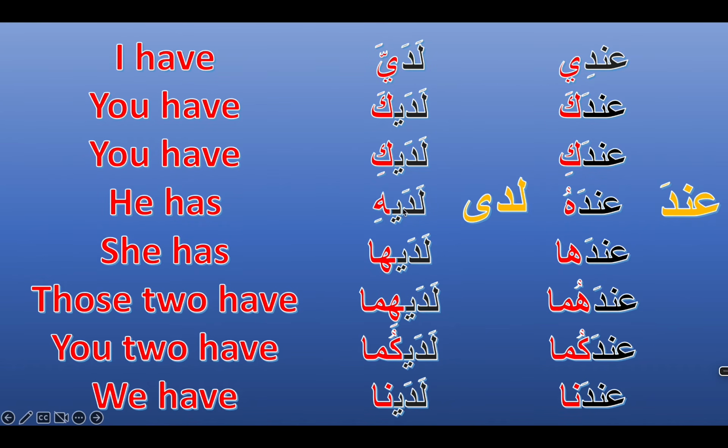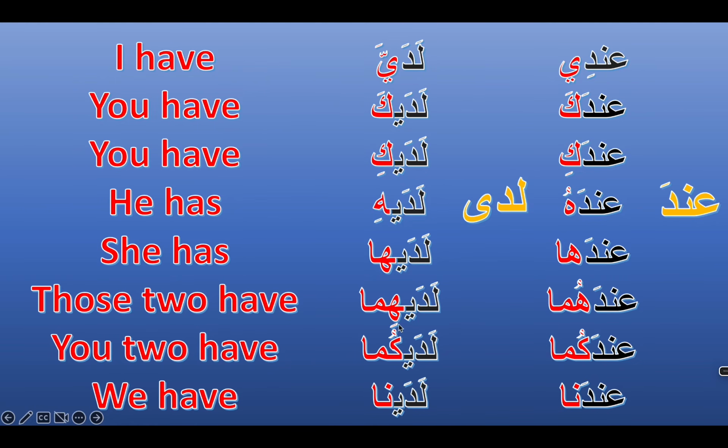Now note, this only happens in the third person. So the huwa, or the huma, or the hum, or the hunna. It doesn't happen in the second person. It's only in the third person. So ladayhi, ladayha, ladayhima. Again, it's not ladayhuma, it's ladayhima, as the last vowel sound before the suffix is added is an e sound.